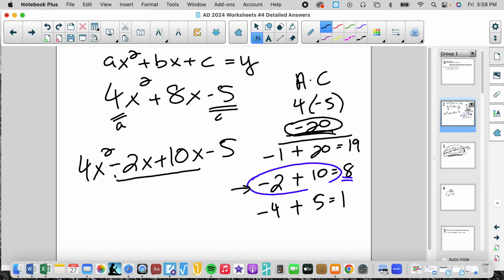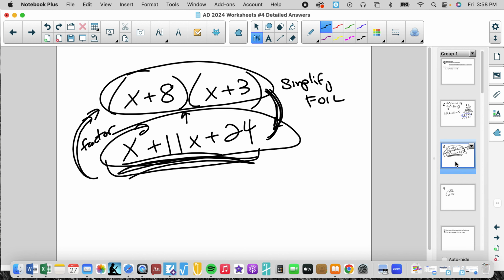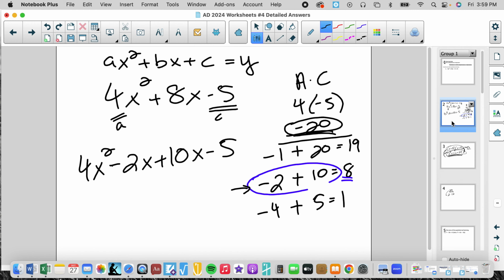So if we combine -2x and +10x, notice it was just a different way to write 8x. We are reversing the foiling process. We're not going to go back to foiling, but we're reversing this process right here. So now we've turned 3 terms into 4 terms.